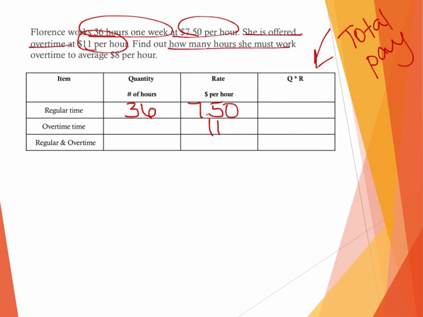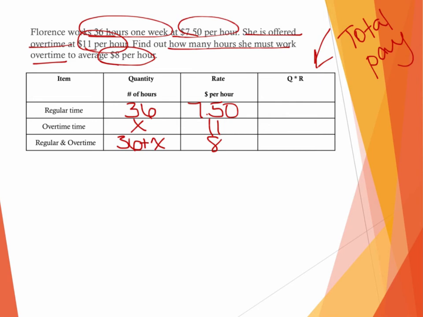Okay, we need to find out how many hours of overtime she must work. So we don't know how many hours she worked, but we do know that she wants to average $8 per hour. So that means the total quantity of hours she's working is 36 regular plus those unknown overtime hours.